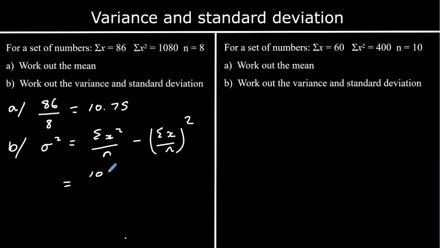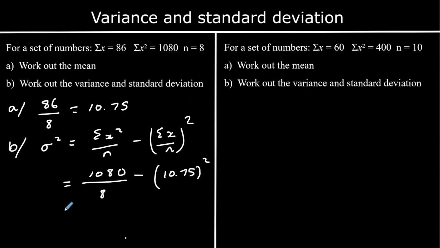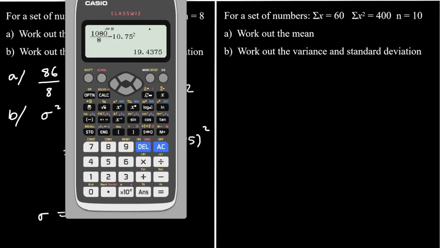So we have 1080 over 8 minus 10.75 squared. And that is 19.4. The standard deviation is the square root of the variance, 4.41.